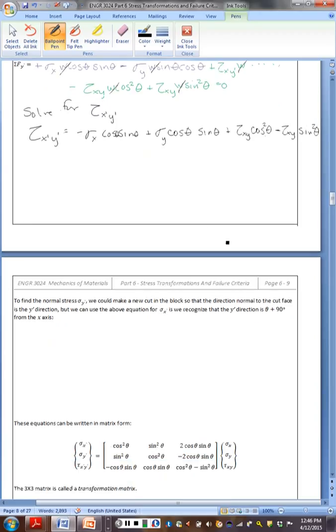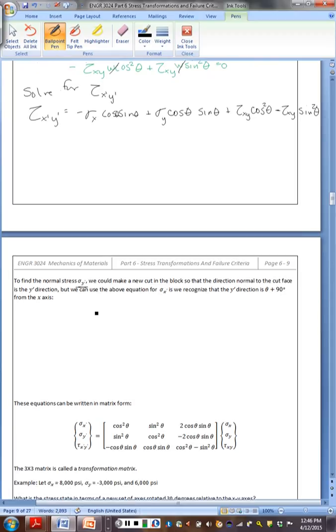So, if we then wanted to find our sigma y prime, we could take a new section cut and do the process that we just did before, but we can also recognize and use our sigma x prime equation if we are clever and see that our y prime direction is really separated simply by 90 degrees.